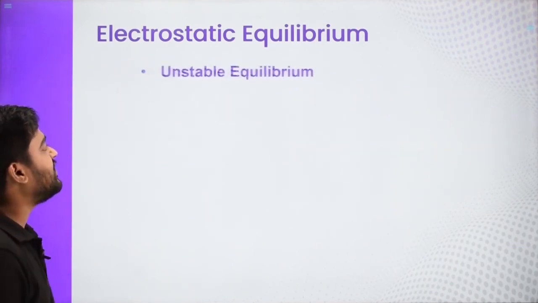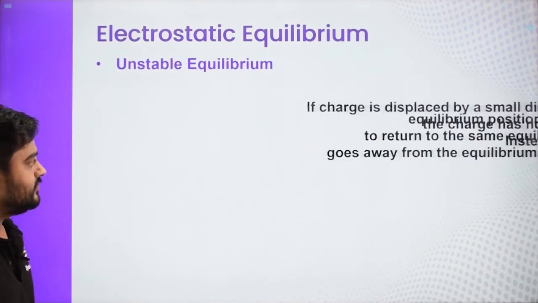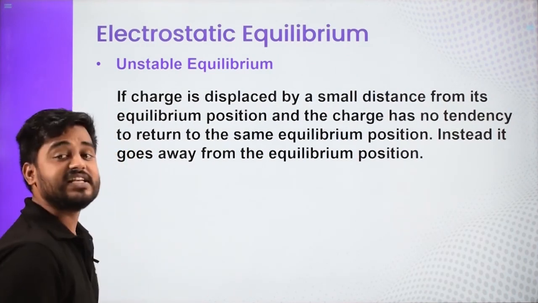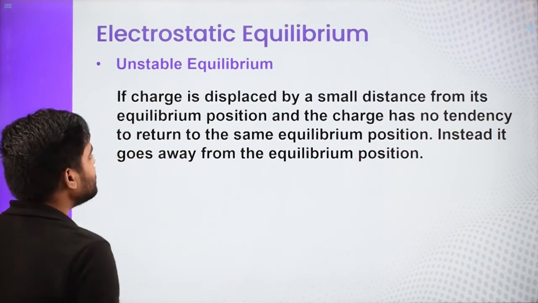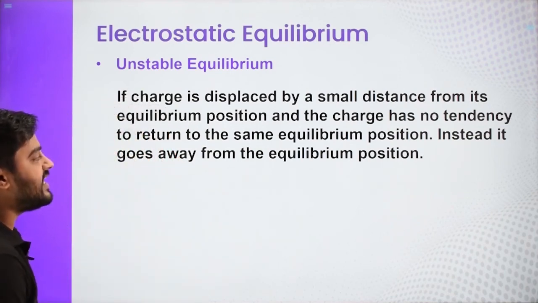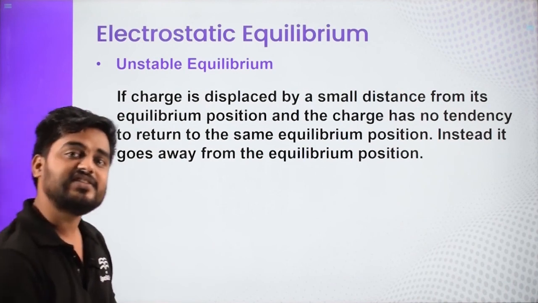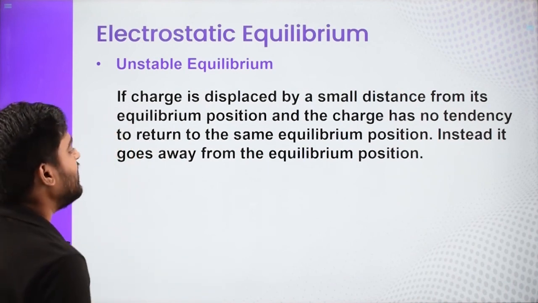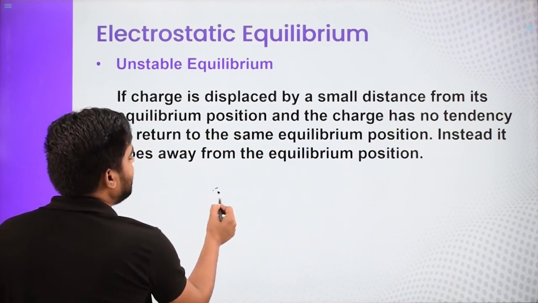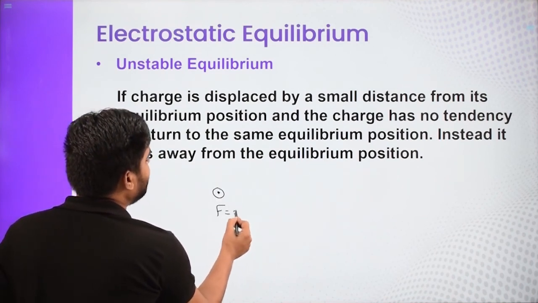Next is unstable equilibrium. If the charge is displaced by a small distance from its equilibrium position and has no tendency to return to the same equilibrium position, and it tries to go away from it, then such a position is called unstable equilibrium. Again, let us say this is the equilibrium position where force is 0.